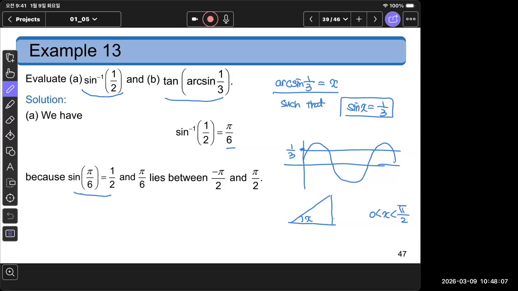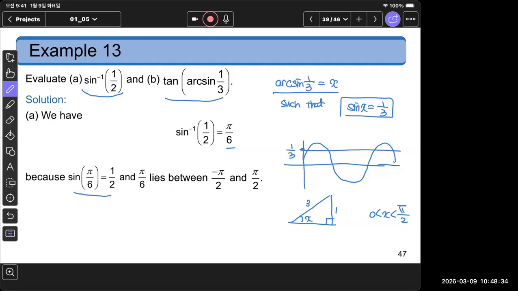I can consider this right triangle. In this right triangle, sine x represents the ratio between the opposite and the hypotenuse. For example, if the hypotenuse is 3, then the opposite will be 1.